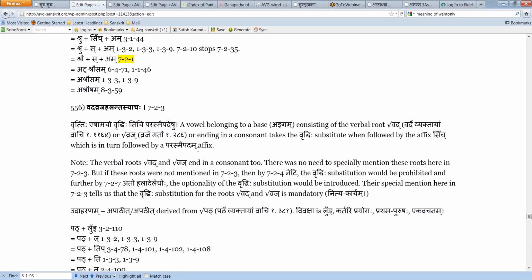The reason is that these dhatus end in a consonant, so it looks like there was no need to mention them specifically. But if they were not mentioned, then we are going to see a sutram neti, which says that if the sich has that idagamaha with it, then vriddhi is stopped.